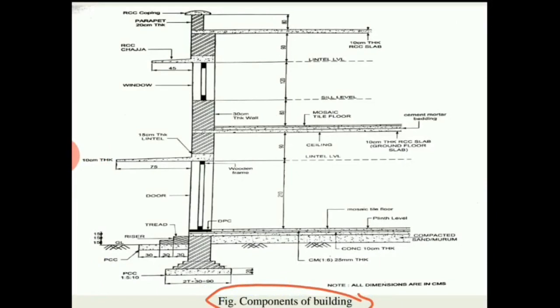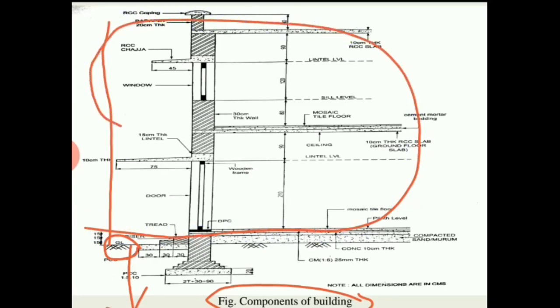First is substructure and second superstructure. In this figure, you can see this is the ground level. So the part below the ground level is called substructure, and the part above the ground level is called superstructure. All the other components are involved in superstructure.